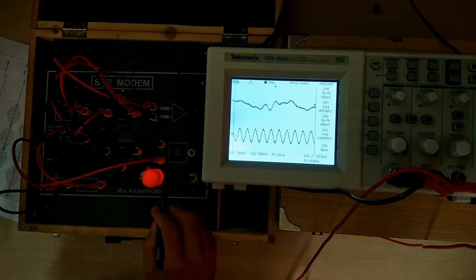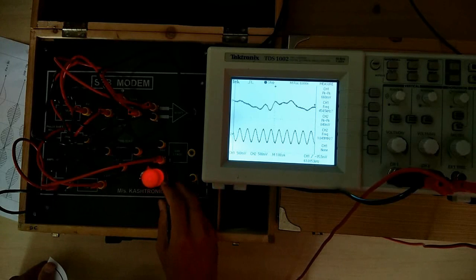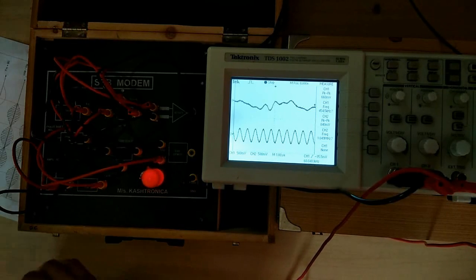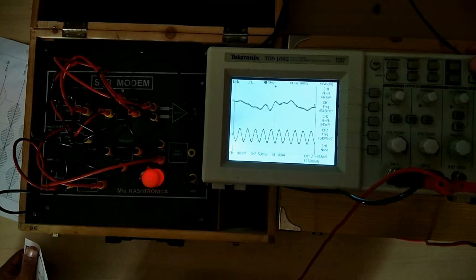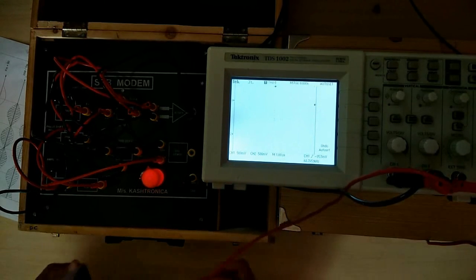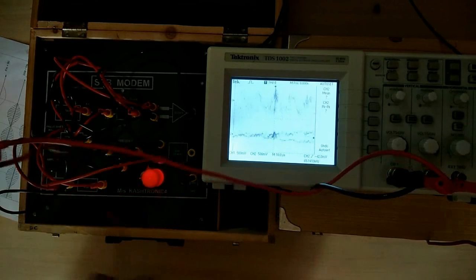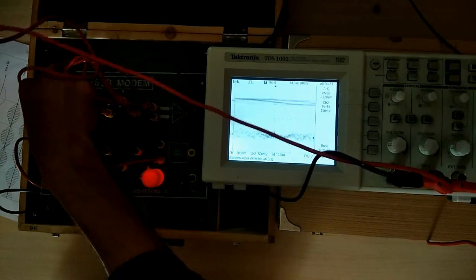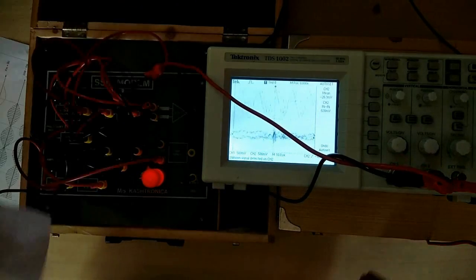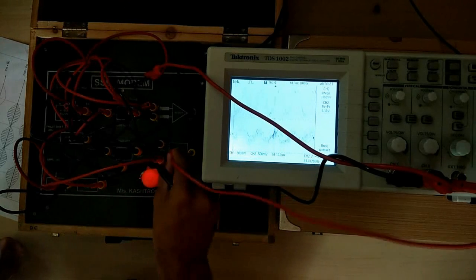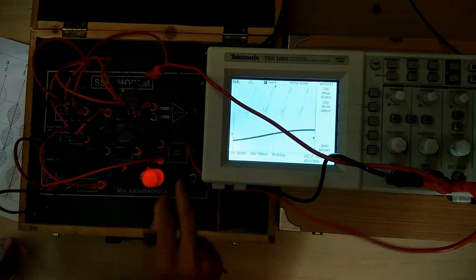So it requires two inputs. One is the carrier and one is the SSB signal, which is going to be demodulated. So if you see the output, you can verify it with our message signal. In channel number 1 we are giving the message signal, and in channel 2 we are giving the demodulated signal.